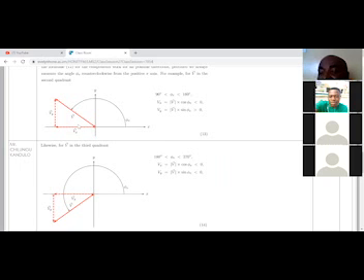What is sine 150? 0.5. It's also 0.5. So the sine of this angle there, because how do you get this angle? You say 180 minus theta. The sine of this angle there and the sine of the angle inside there are the same.